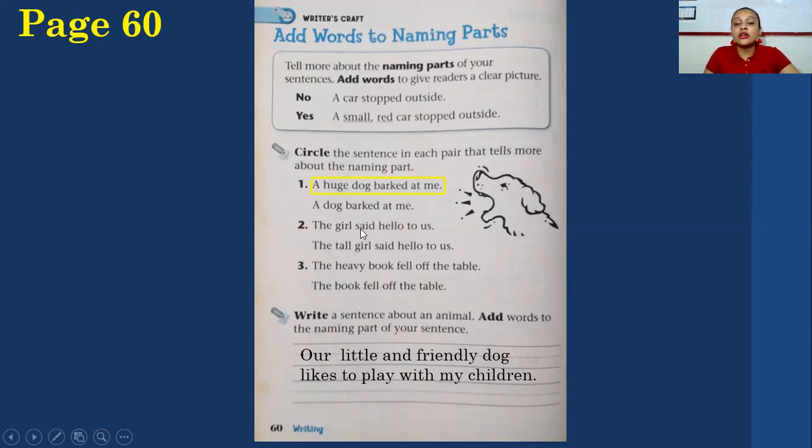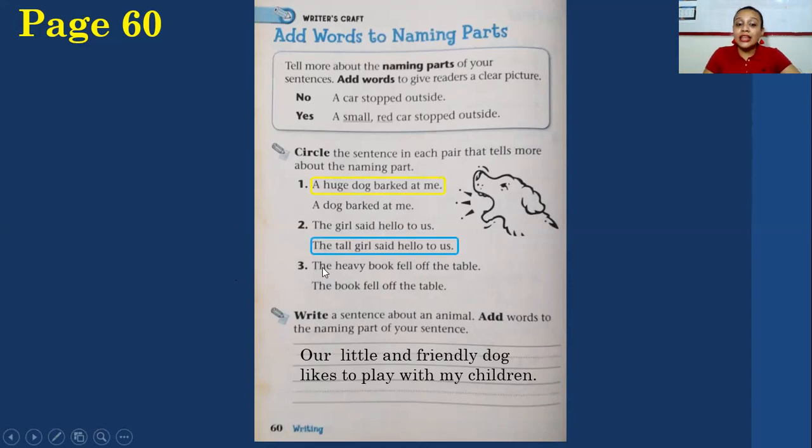Number two, the girl said hello to us, or the tall girl said hello to us. Which one is more specific? Which one describes the subject better? Excellent. And number two, the second one, yes.